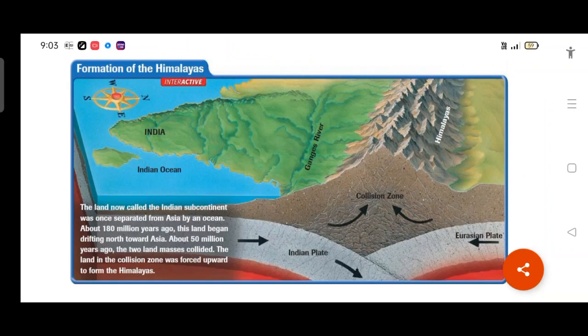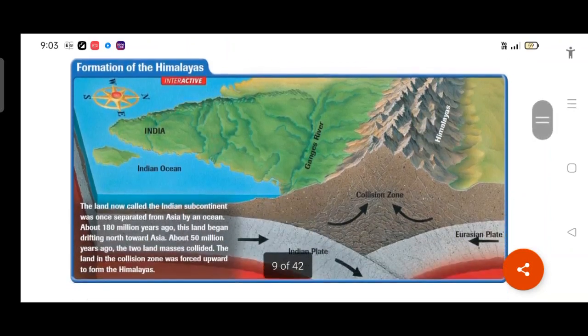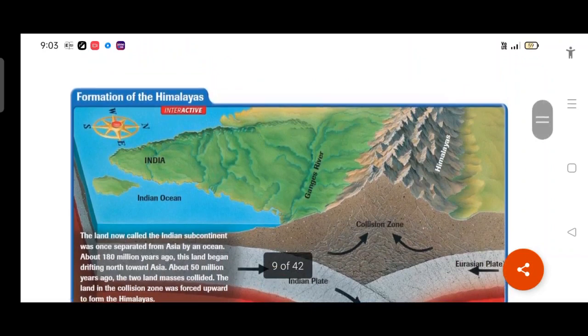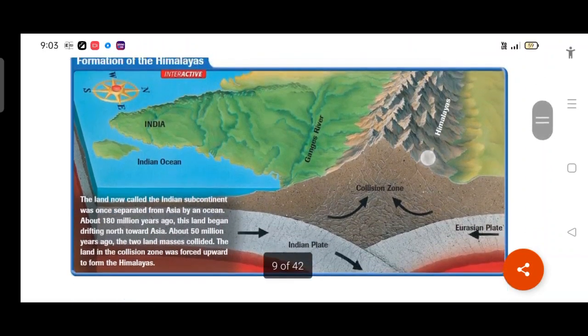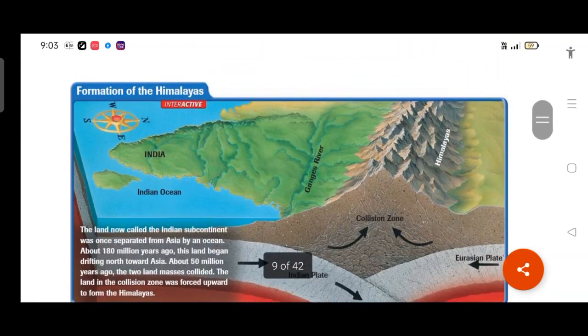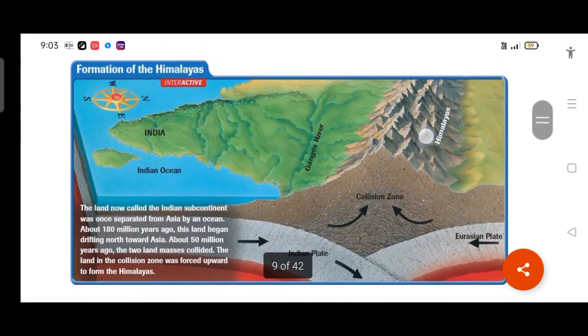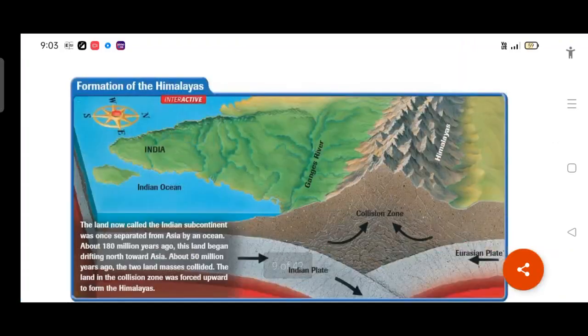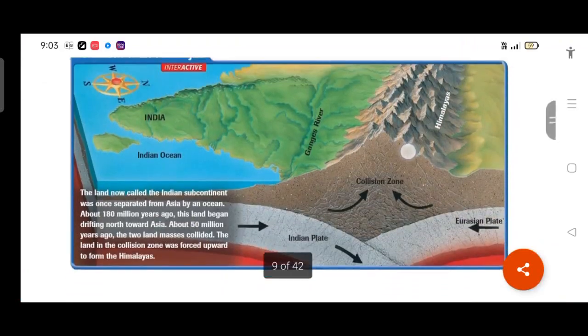The elements are the sediment of the Tethys Ocean. Okay, children, in this way, the new land was formed as a mountain range. Later, it was called the Himalayan mountains. These mountains were mainly formed by the folding process.